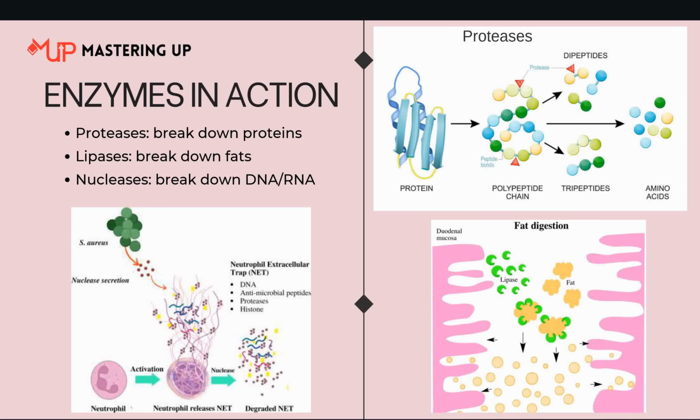In the illustration on the right, you can see the protease molecule breaking down the polypeptide chain of proteins into di and tripeptides. And then the dipeptides are again broken down by proteases into amino acids. So this is the function of proteases.